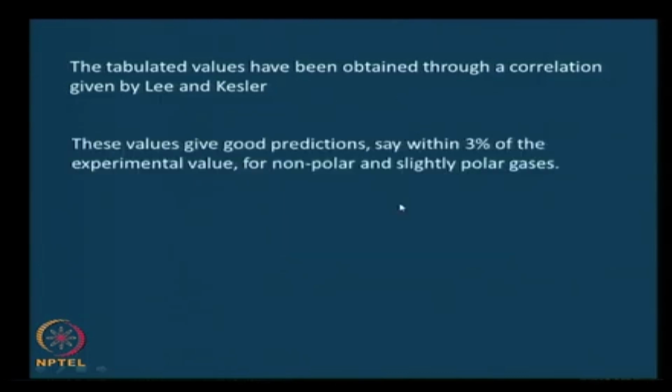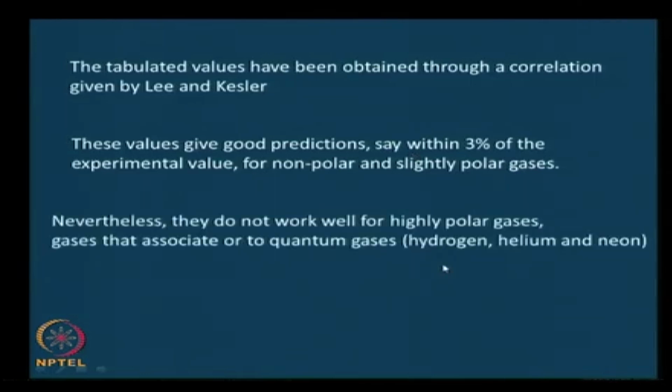The tabulated values actually were calculated by a correlation that was given by Lee and Kessler, and these values give very good predictions within about 3% of the very carefully measured experimental values, but for non-polar and slightly polar gases. Therefore, we have generalized this, but not completely. These gases, the non-polar gases and slightly polar gases, are fine, but not the others.